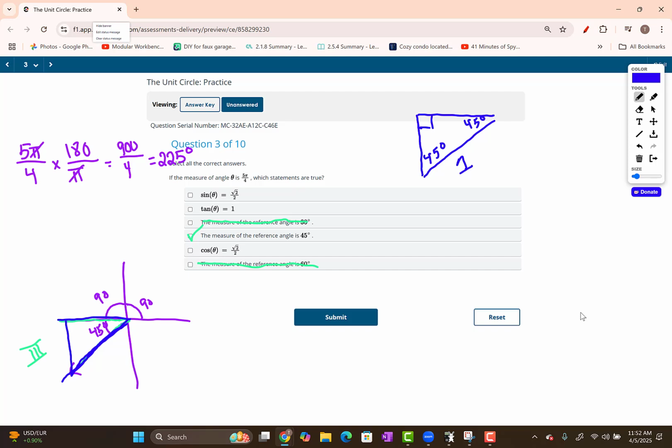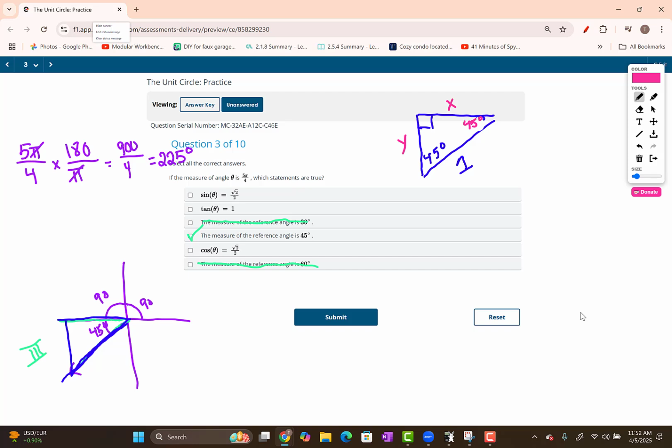So to be able to find sine, cosine, and tangent, that 45 degree angle is really the one we're looking at. That's our reference angle right here. So to figure out sine, cosine, and tangent of that reference angle 45 degrees, we need to find the missing sides. We need to find this side and we need to find this side.